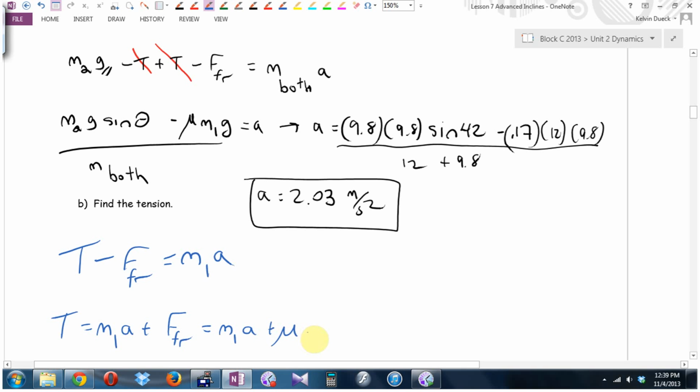I don't know the normal force. Oh, but look. In fact, we've already done that. M1G. We did that on the previous to find acceleration, didn't we? So it's going to be M1, 12, A, 2.03, plus mu, 0.17, M, 12, G, 9.8.